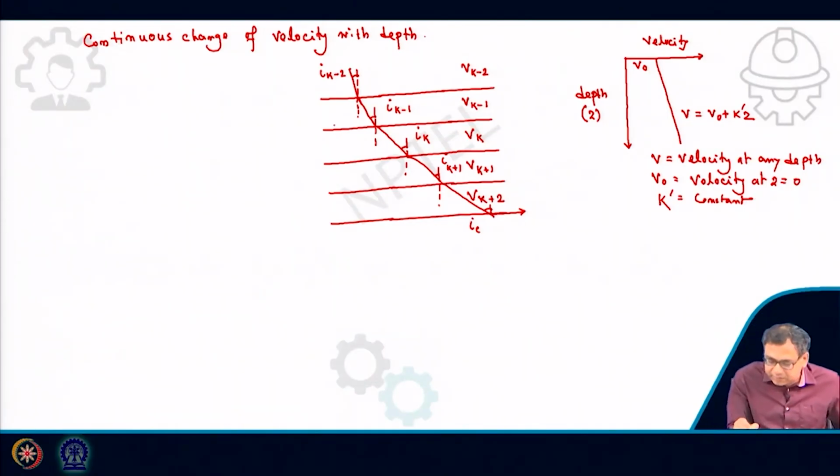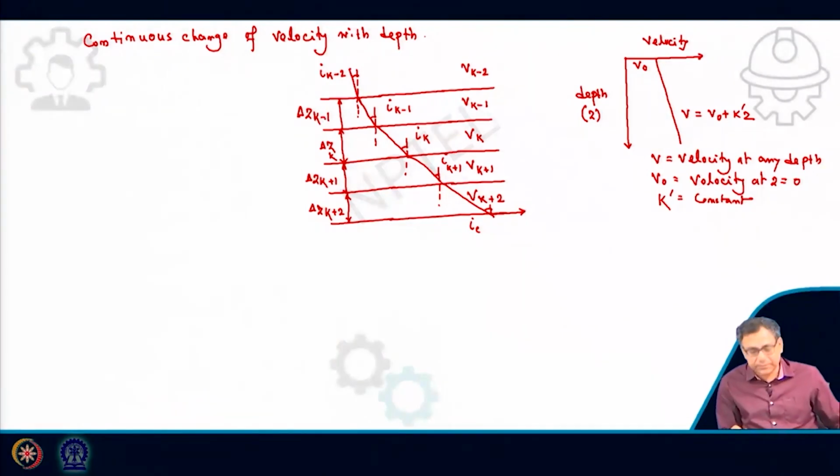Now, if this is, say, the thickness of a layer or segment, del Zk, this is del Zk plus 1, this is del Zk plus 2, del Zk minus 1, like this.